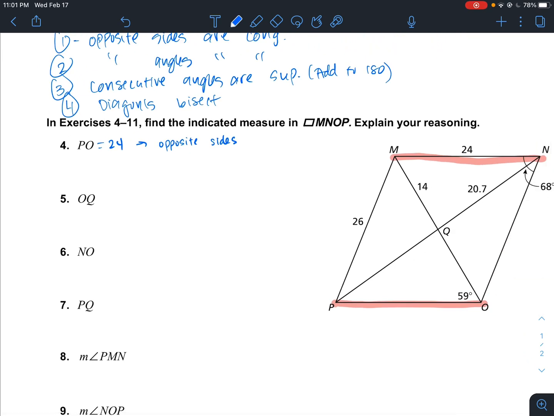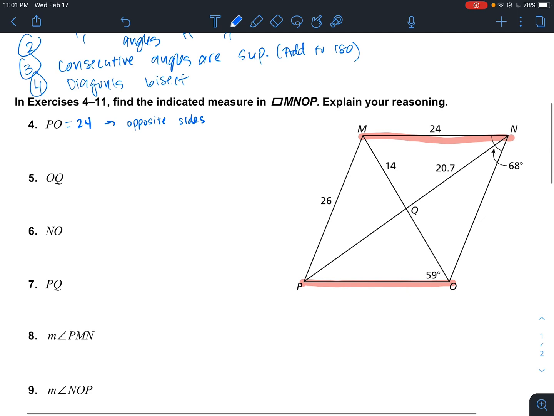Okay, and then OQ, we want to find OQ for the next one. So OQ is this one right here. Now OQ is congruent to MQ, and I know this because Q is the midpoint.